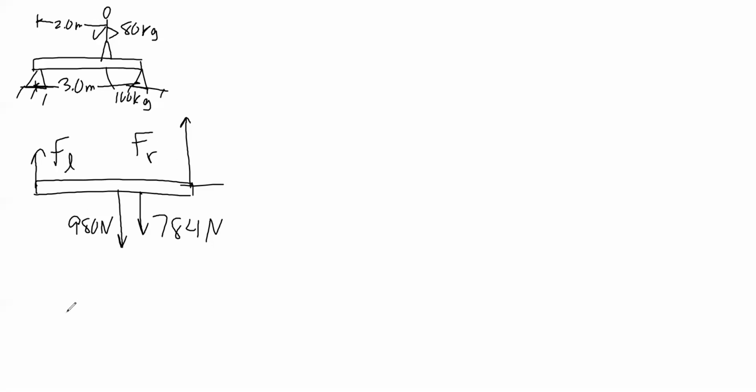So summing the forces, we've got plus FL plus FR minus the sum of those forces, which is 1764, equals 0. So just by summing the forces alone, we know that the two asymmetric forces have to add to 1764, but it doesn't give us the actual values. It's an underdetermined system. So we need another equation.